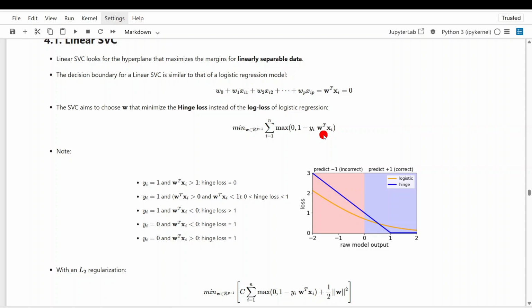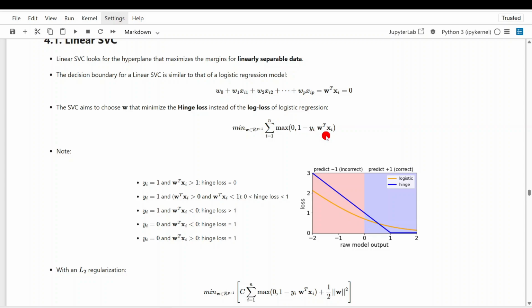And again, if I assume yi to be 1, if this linear predictor W transpose xi predicts a value between 0 and 1, then 1 times a value between 0 and 1 will be a value between 0 and 1. Then here we have 1 minus a value between 0 and 1. It will provide a value between 0 and 1.